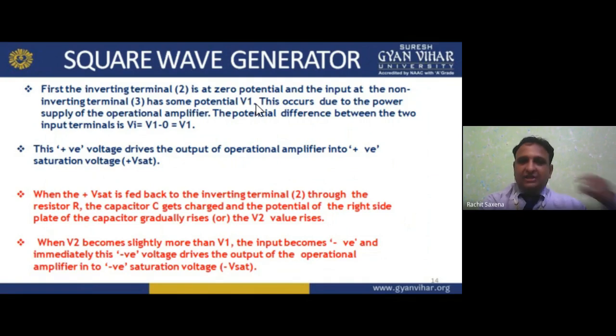This occurs due to the power supply of the operational amplifier. The potential difference between these two input terminals is V1 minus 0, which is V1.